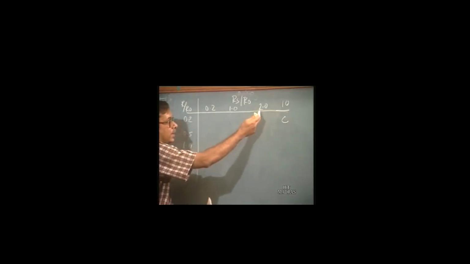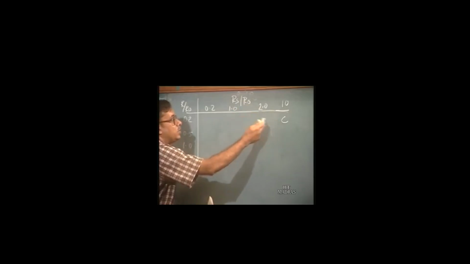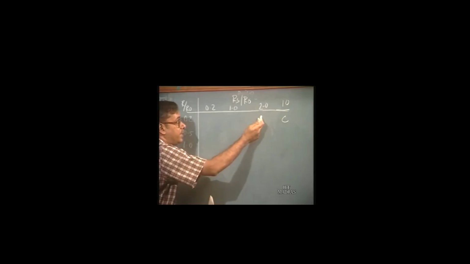Now, here of course, this means that R is very much less than R naught. So in fact, when we go for this situation here, that is Rs by R naught is equal to 2, we should actually take the P3 model. But since R is very small here, we can take the C model.